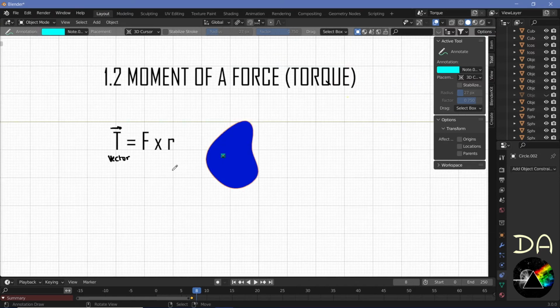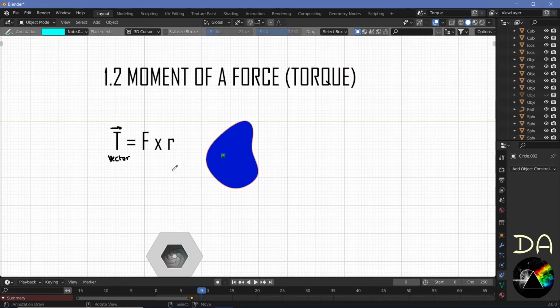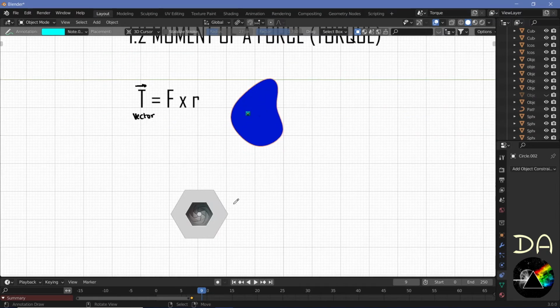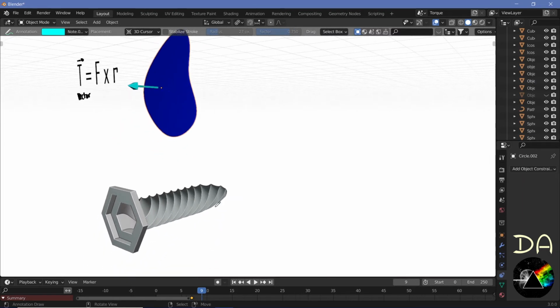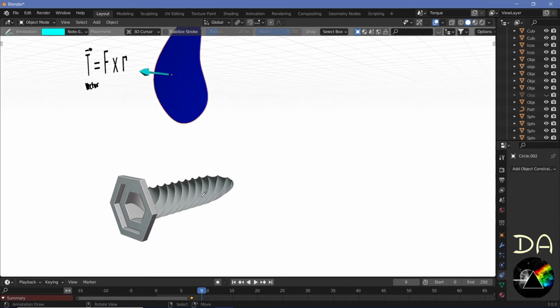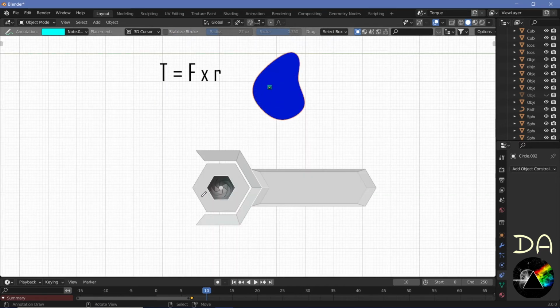So now we can move on to an example of torque. Imagine we had this screw and we need to tighten it as much as we could. Obviously, we would end up using a wrench. And now, let's say the maximum force that we can actually put out is going to be maybe 5 newtons.